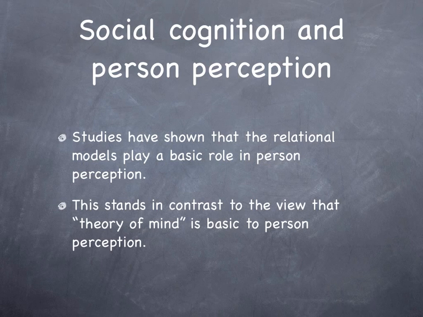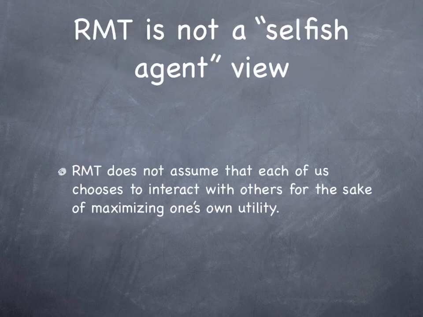Now, relational models theory is individualistic in one sense: in the sense that the models are psychological. The models are understood to be inside the individual's head. So when we talk about the models, we're talking about something inside a particular brain. In that sense, relational models theory is highly individualistic. When Fiske and Haslam deny that it's individualistic, what they're saying is that relational models theory is not a so-called selfish agent view.